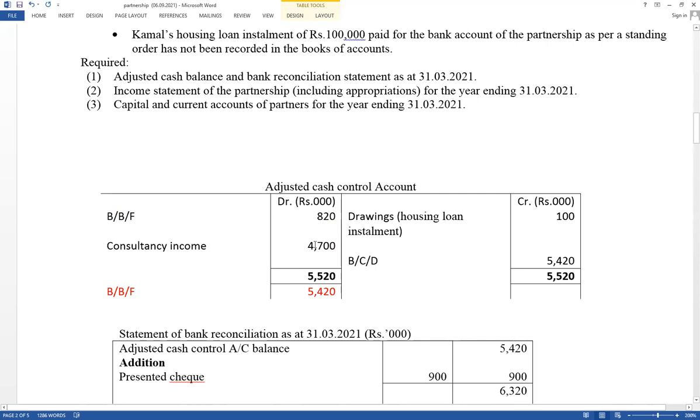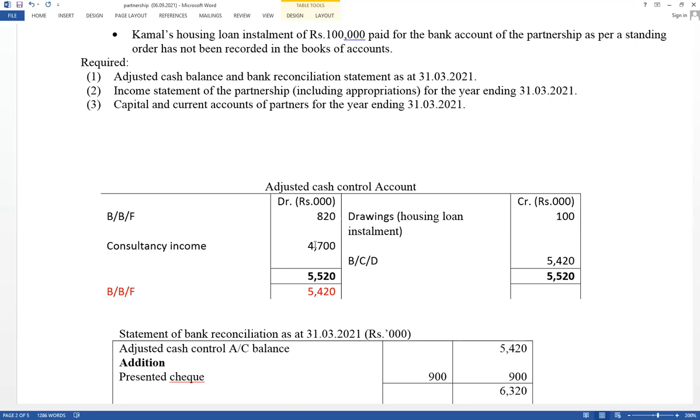Sometimes they ask about a partnership, sometimes about a company. And like that, debtors and creditors reconciliation is also given with the partnership. You have to prepare adjusted debtor control accounts and a statement of debtors reconciliation. Then the adjusted debtor control account balance should be recorded under current assets.